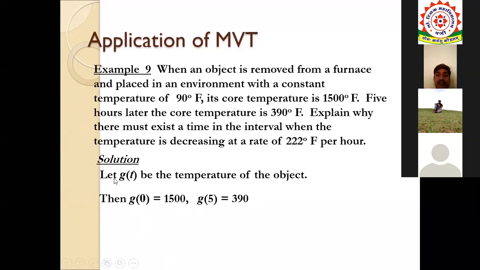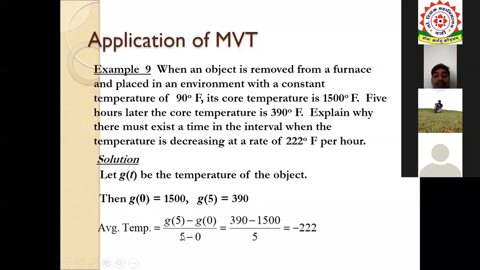Suppose g of t is the temperature function of the object, g of 0 is 1500 and g of 5 is 390. The average rate is g of 5 minus g of 0 upon 5 minus 0, that is minus 222. So the decreasing rate is 222. Minus 222 means simply a decreasing rate. If it were positive, it would be an increasing rate.